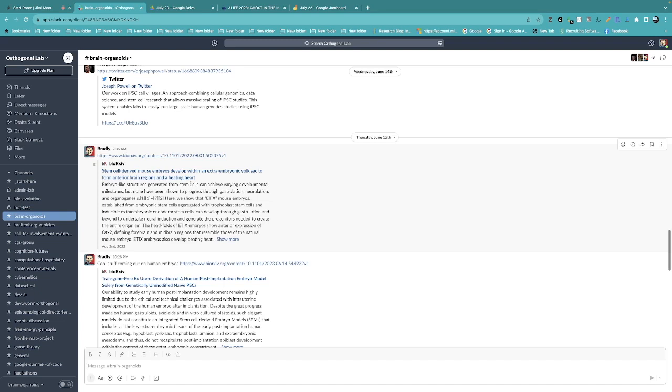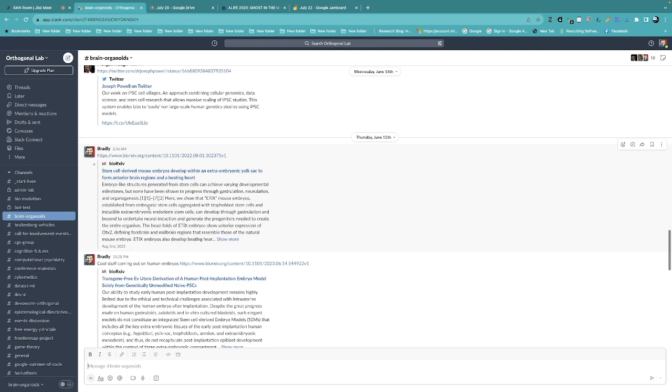So they call these ETIX mouse embryos, established from embryonic stem cells aggregated with trophoblast stem cells. So they basically get embryonic stem cells. They could be induced. They could be just harvested from some other source. They put those into sort of the initial condition.